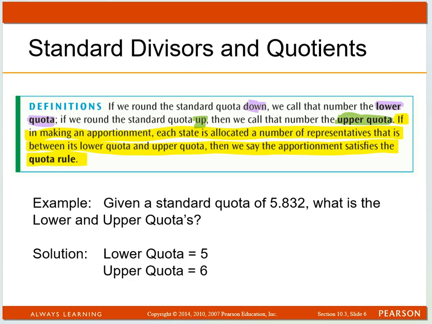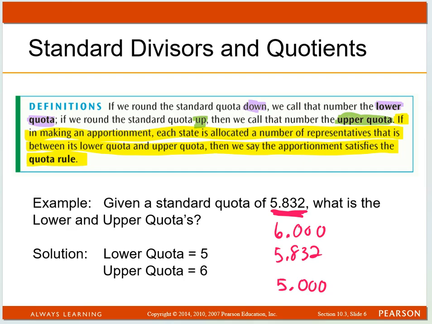So here's an example. If you are given the number 5.832, it comes between 5.000 and 6.000. Isn't that where 5.832 would go? It's in between them, right? Remember, you're going to be apportioning seats.